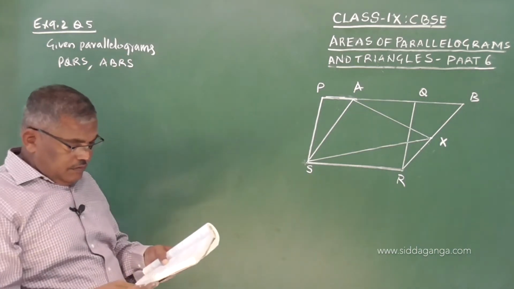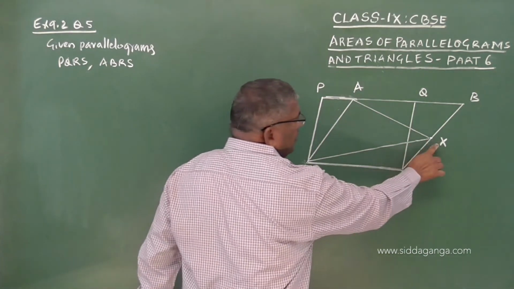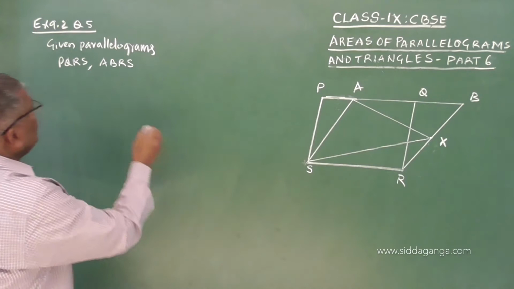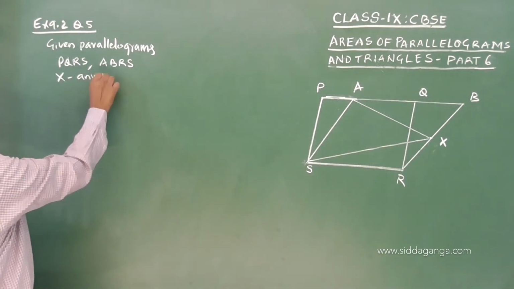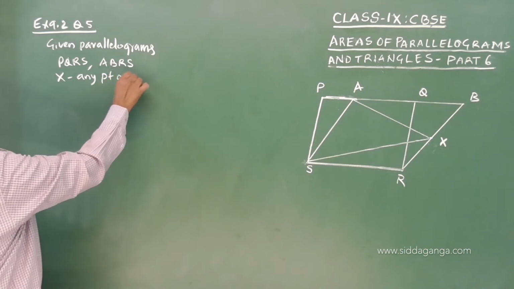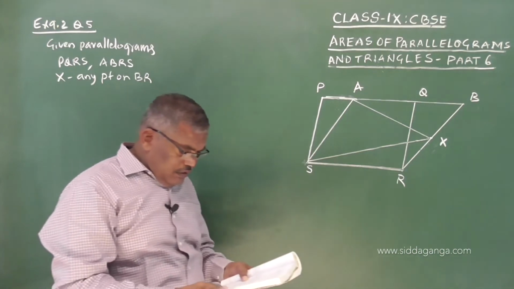Then X is any point on BR. X is any point on BR. So this is the data given.